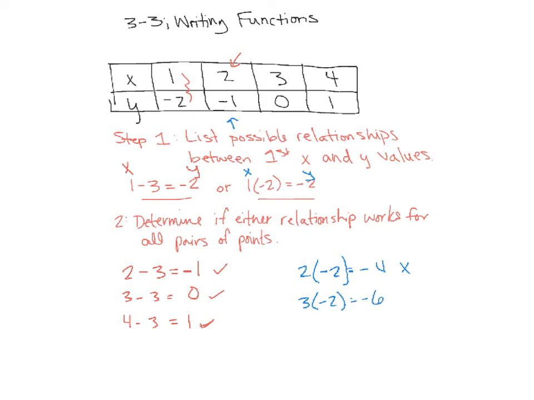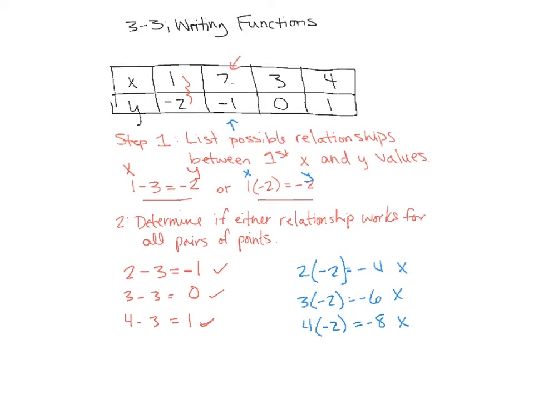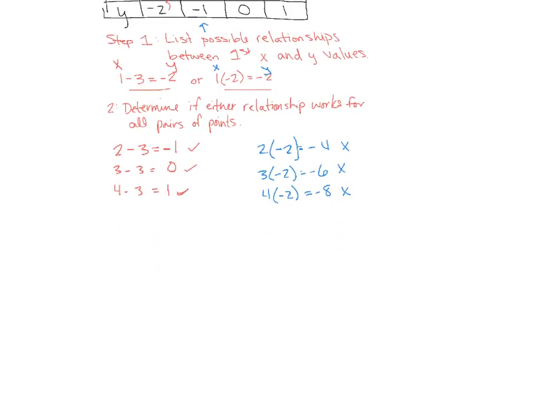That doesn't work because for our x being 3, our y is 0. Doesn't work. 4 times negative 2 equals negative 8. When x is 4, y is supposed to be 1. So that doesn't work. So we know that our relationship that works is x minus 3 equals y, because I just wrote that up there.